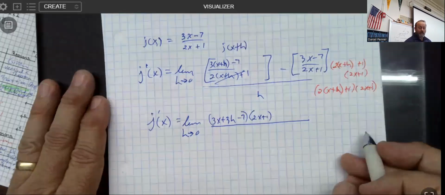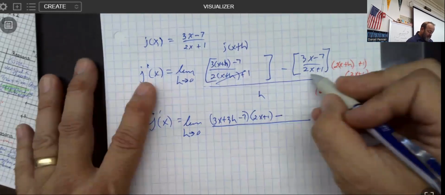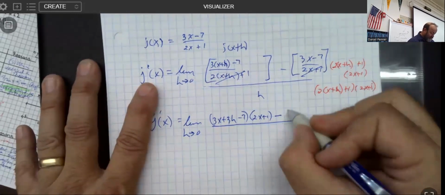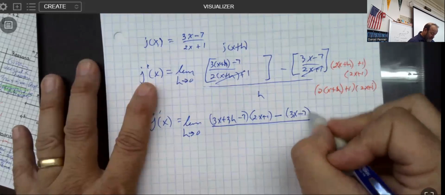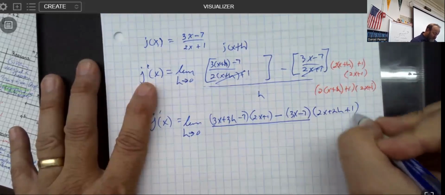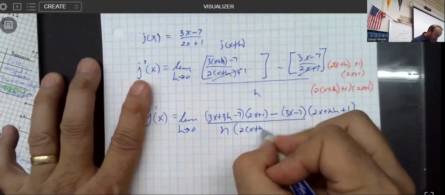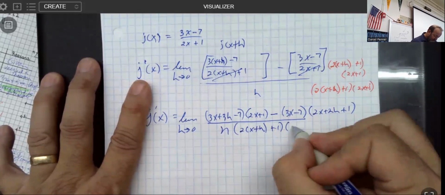Uh-oh, this is looking bad. And then this portion is going to cancel this portion. So now I have my 3x minus 7 being multiplied by a 2x plus 2h plus 1, all over h times 2x plus 2h plus 1 and 2x plus 1.